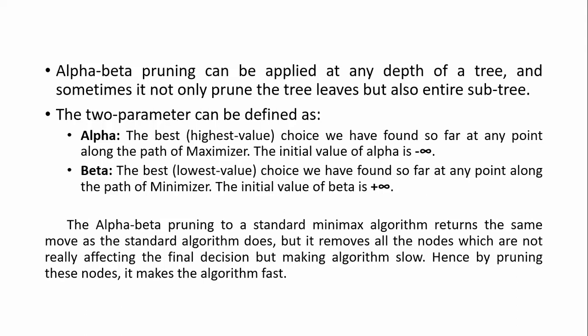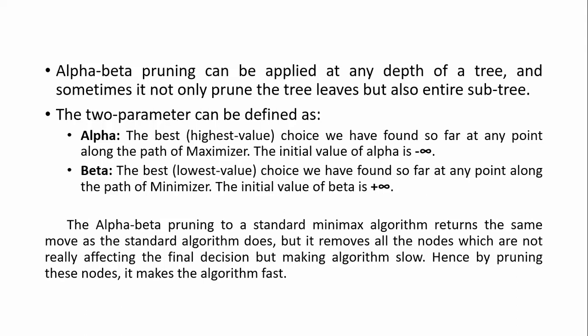Alpha represents the maximum value, and its initial value is minus infinity. Beta represents the minimum value, and the initial value of beta is plus infinity. It is the standard min-max algorithm with only some modifications. Let us discuss how we improve the performance of 2-player games using alpha beta pruning.